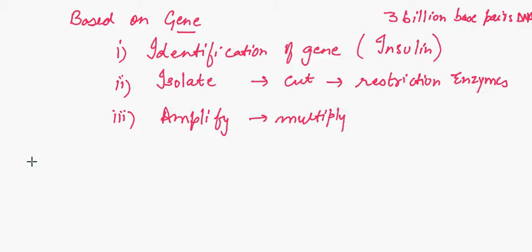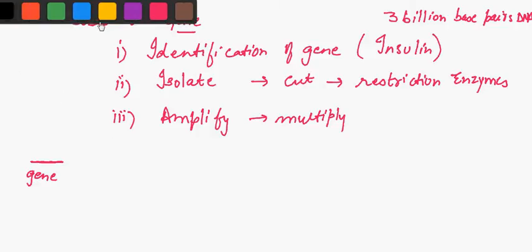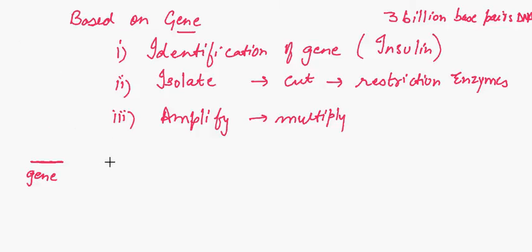Suppose we have isolated a gene of our interest, and we need a vector. This is the vector. Vector, if you remember, is the vehicle in which we can insert our gene, and this will take our gene to another living cell where it will be replicated.